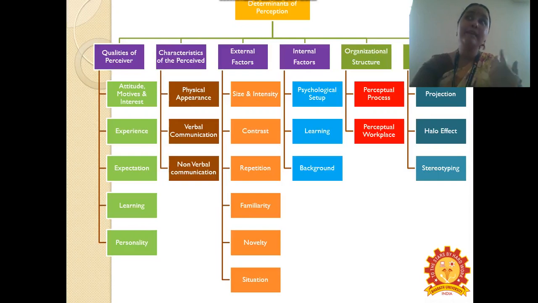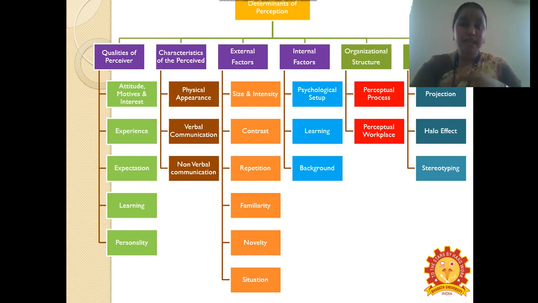Now, there may be situations when I would have got annoyed. I would have lost my temper. Now, halo effect will be applied in this situation when the opponent is just going to perceive one particular trait of me and judge me based on that one particular trait alone. Okay, so this is called halo effect.